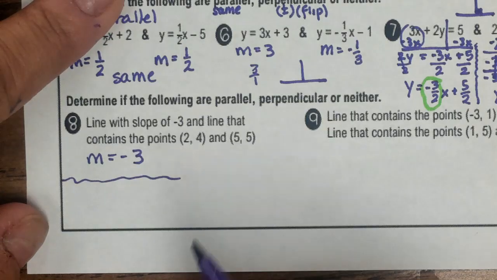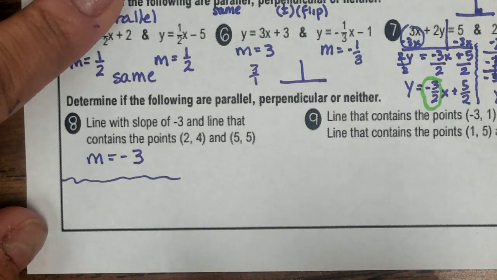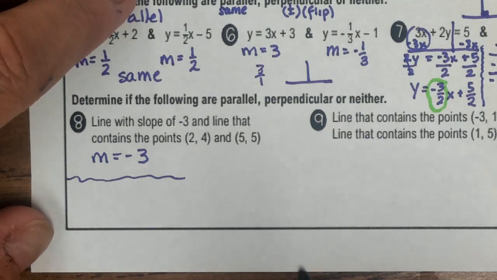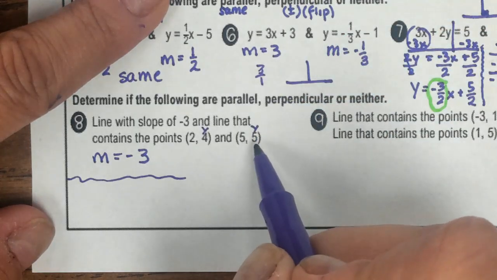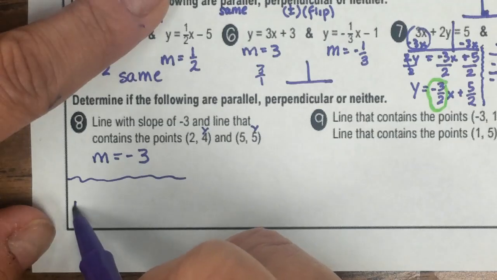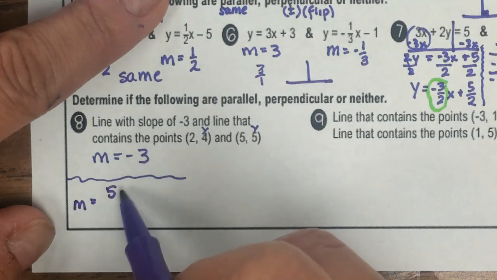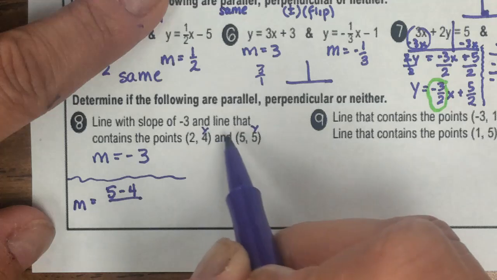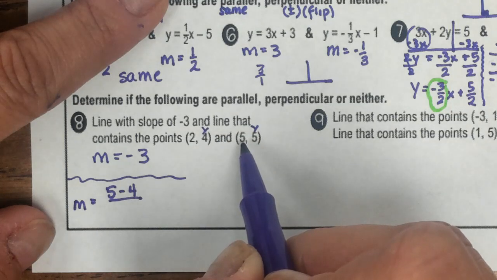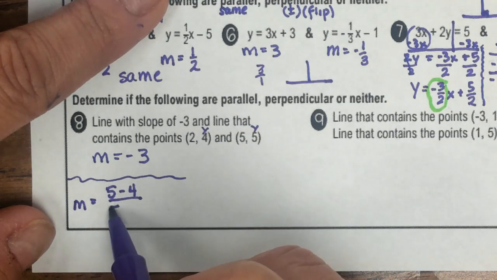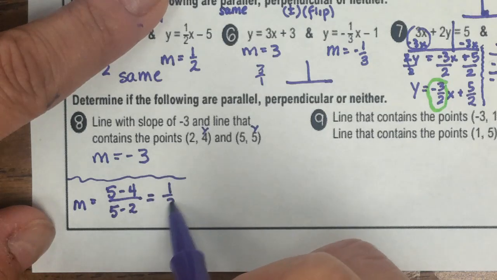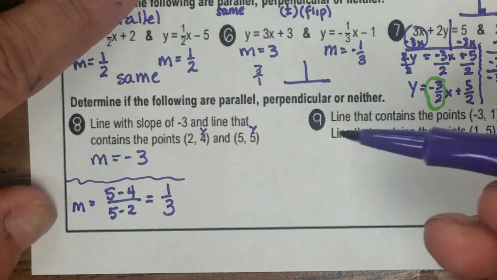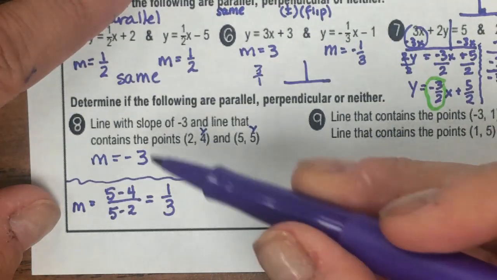So we're going to do y2 minus y1 over x2 minus x1. So ready? I'm going to say these are my y's. So I'm going to do 5 minus 4. Then I'm going to do the x's. 5 minus 2. Okay, so obviously they're not the same slope.